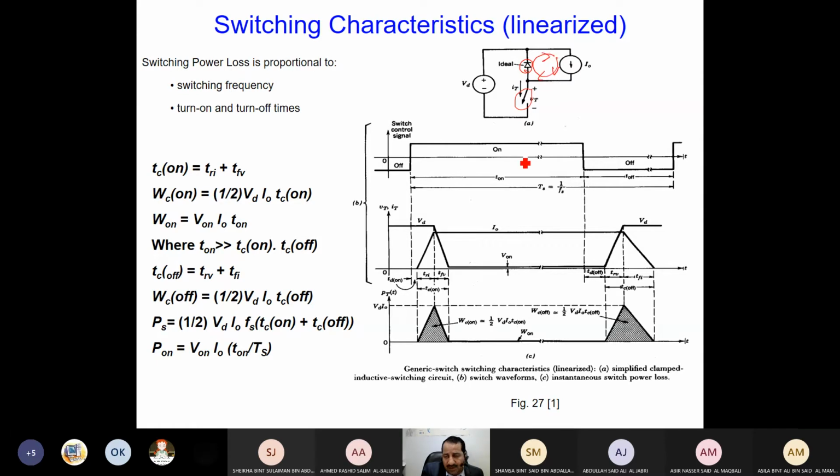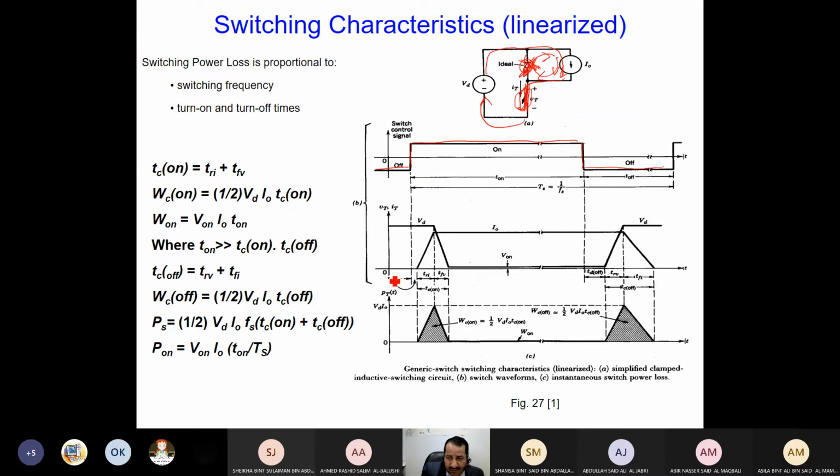When we switch this on, the supply will provide the current and it flows here. It cannot flow in this direction. The diode here will be reverse biased, so the current will flow here and here through the switch and back to the supply. So the voltage was 0, off, it becomes on.